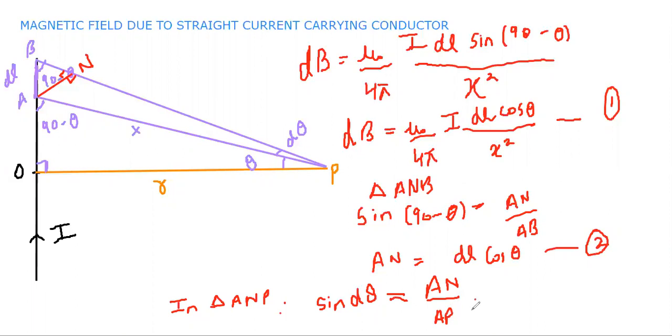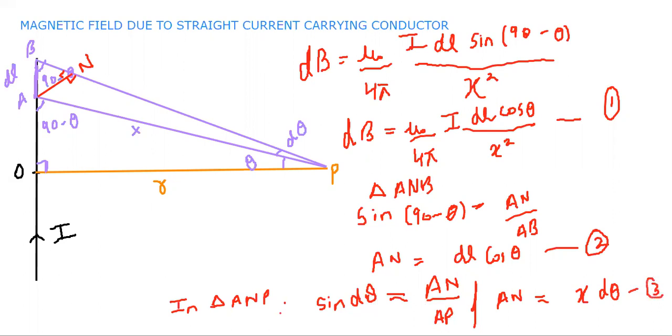So the value of AN can be written as x into d theta. This step comes from AN by AP, AN is equal to AP d theta. Sine d theta becomes d theta because d theta is a very small angle. Let this be your third equation.